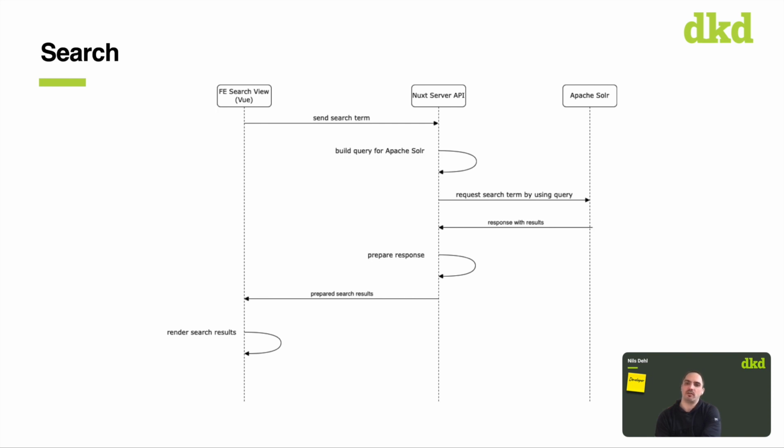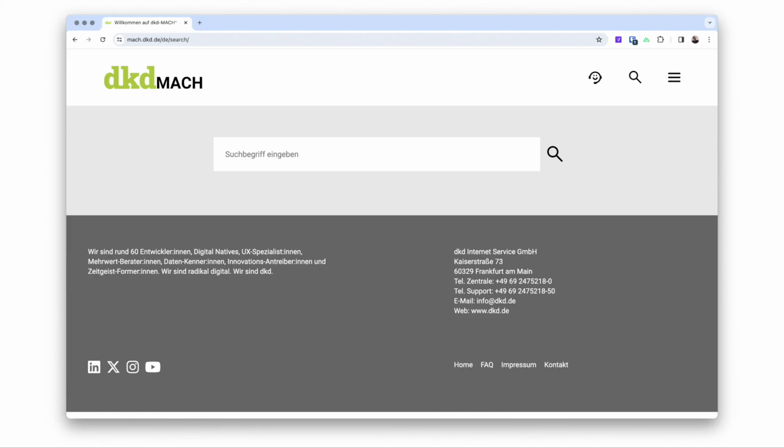Apache Solr responds with the search results. We prepare the response for the user interface and send the prepared search results back to the front-end view component, which then renders the search results. So now we will look into all these parts in detail.